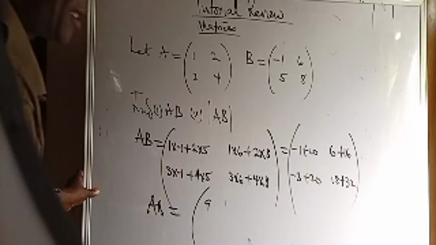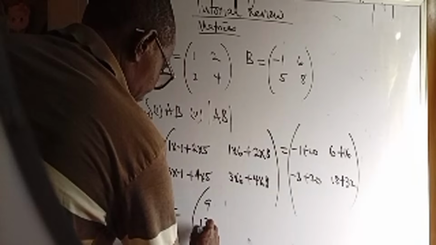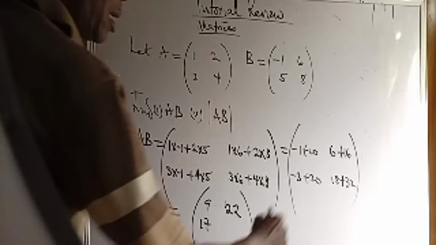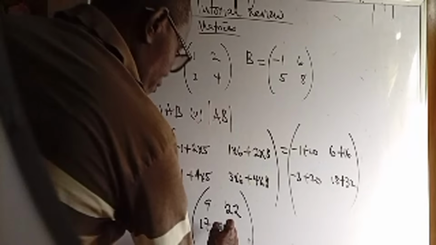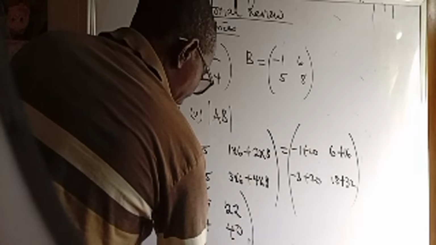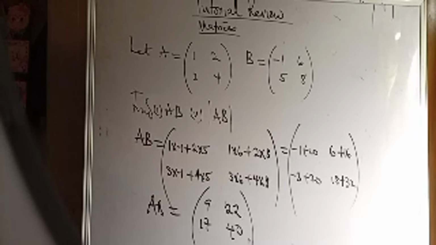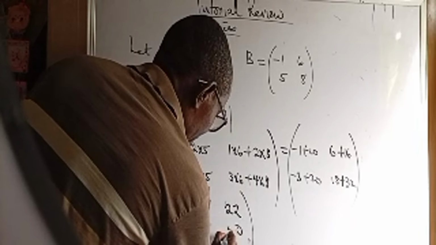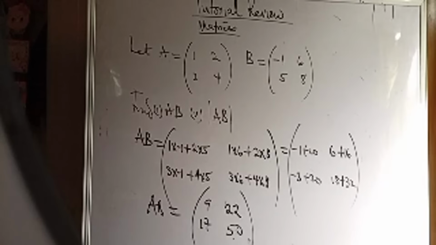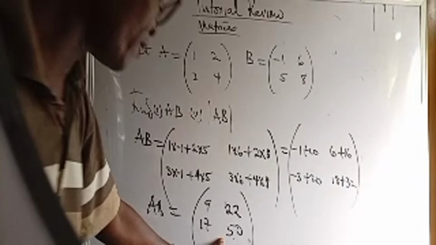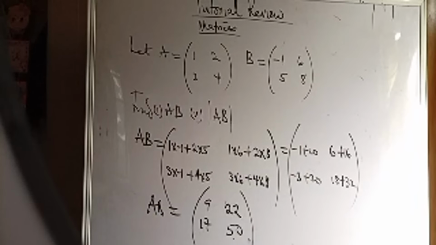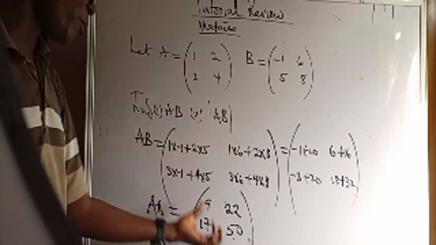Minus 3 plus 20, 17. 6 plus 16, 22. 18 plus 32, sorry, that's a mistake. 18 plus 32 is 50. So AB is 9, 17, 22, 50. Now we have gotten the solution to the first problem.